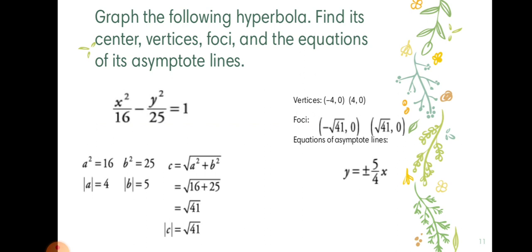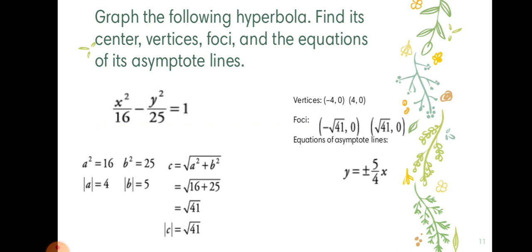So a squared is equal to 16 and b squared is equal to 25. Taking the square roots, we have a equal to 4 and b equal to 5.